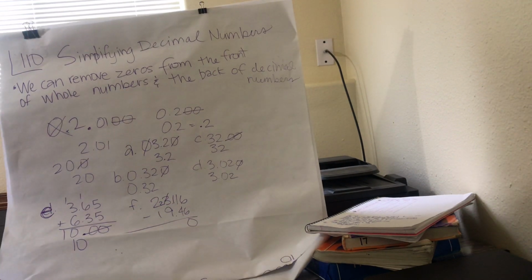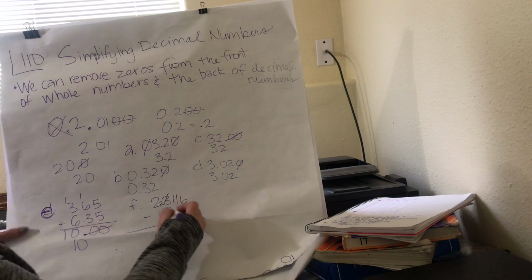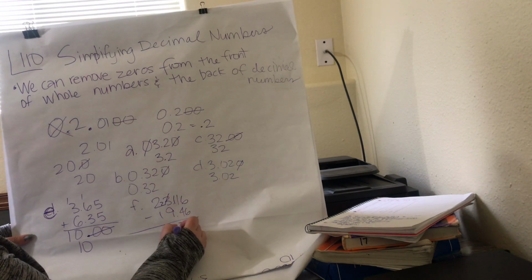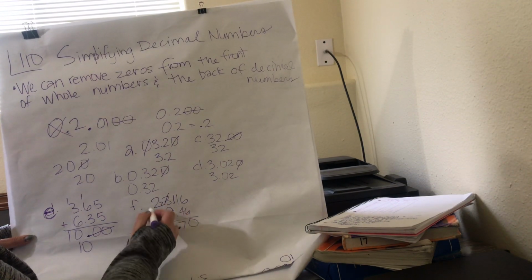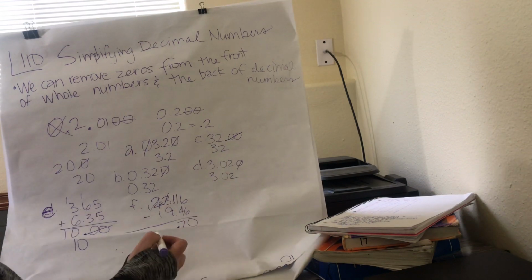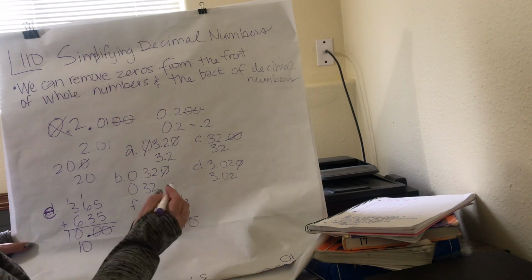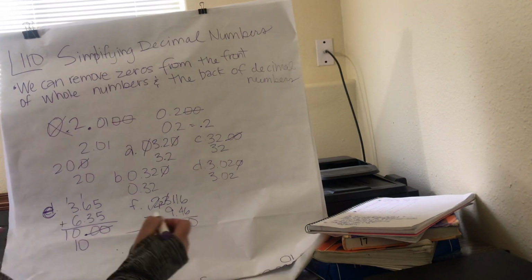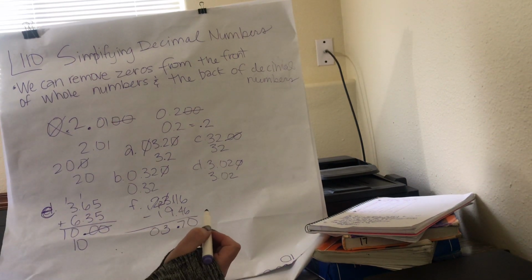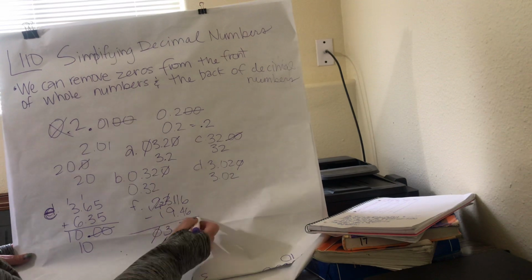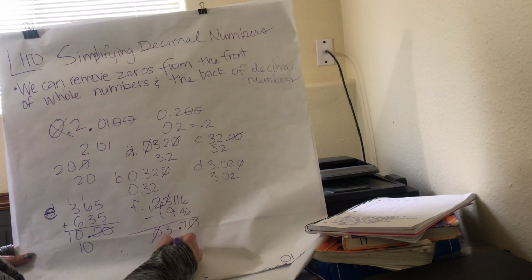And now we have 11. Take away 4 is 7. Line up your decimal point. Can we take 9 away from 2? Nope, so we go over there. What about 12? Take away 9. 3 is correct. And 1 minus 1 is 0. Do we have some extra zeros? I spy 1 there. I spy 1 there. Our answer is just 3 and 7 tenths.